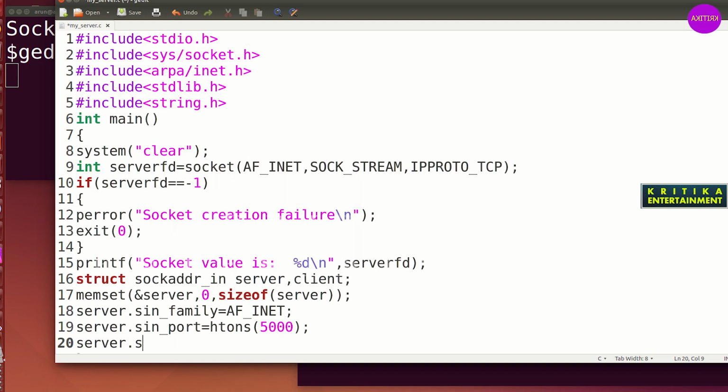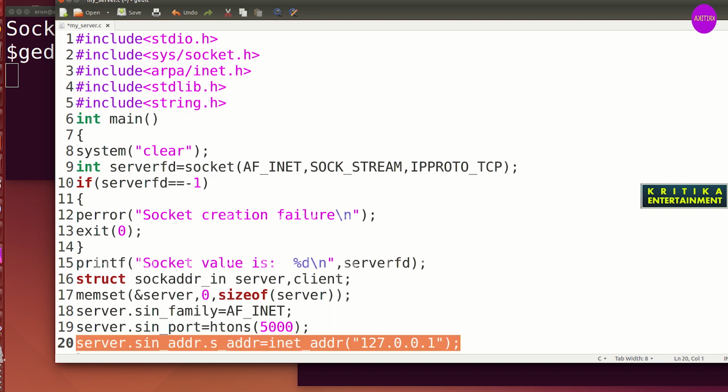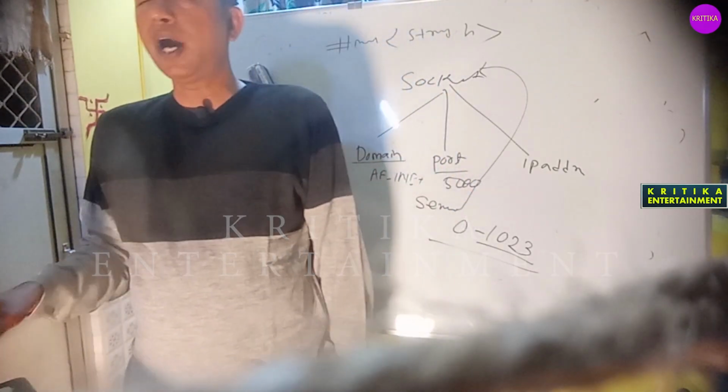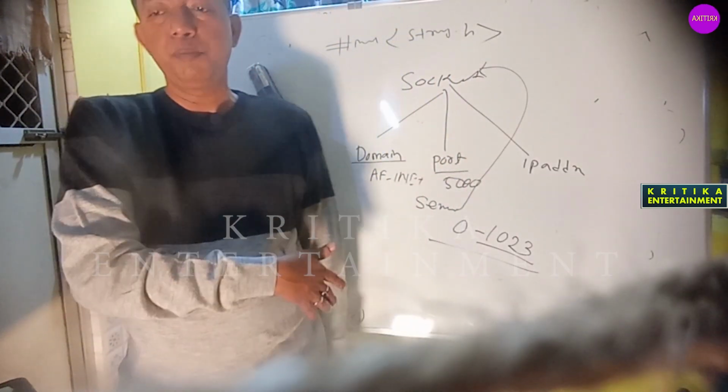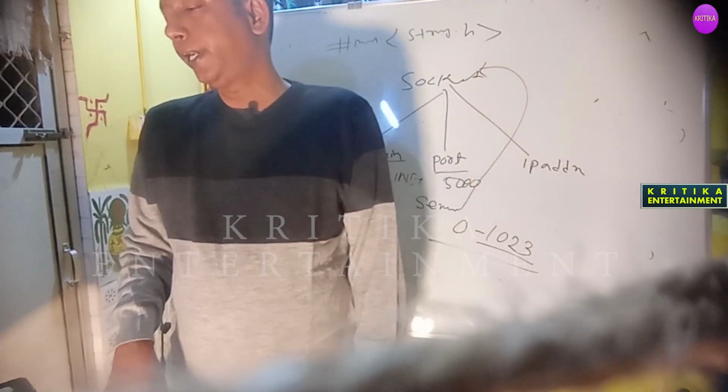Next I will write server.sin_addr.s_addr is equal to inet_addr, and I will write the IP address 127.0.0.1. If anybody wants to understand this line, I will make a separate video on it. I will not include it here because it would make this program lengthy and take much time.